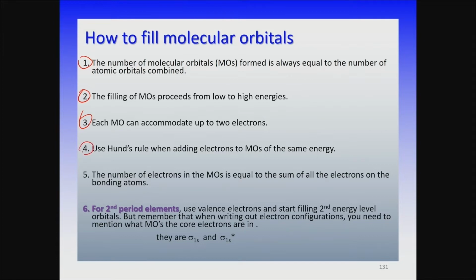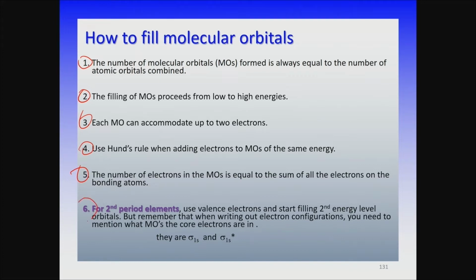The fourth rule is that if you have 2 orbitals of the same energy, in other words, degenerate orbitals, then we use Hund's rule to add electrons to those orbitals. So we put 1 electron in each of the equal energy orbitals before we put 2 in one. The next rule is that the number of electrons in the molecular orbitals is equal to the sum of the electrons on the bonding atoms.